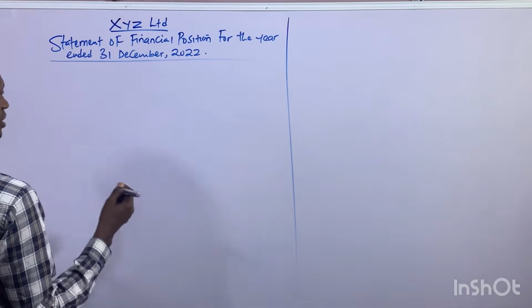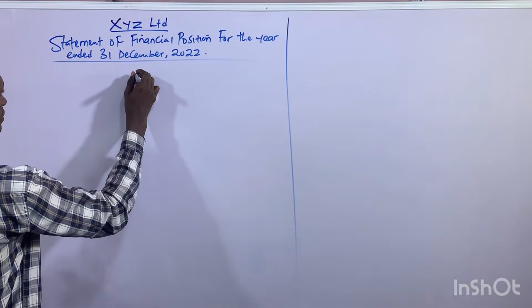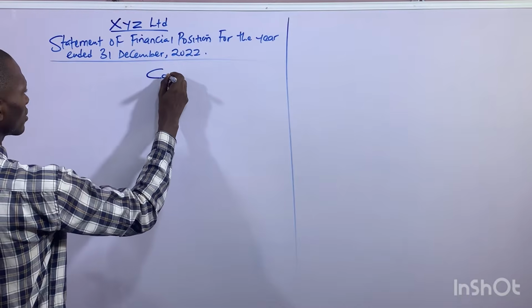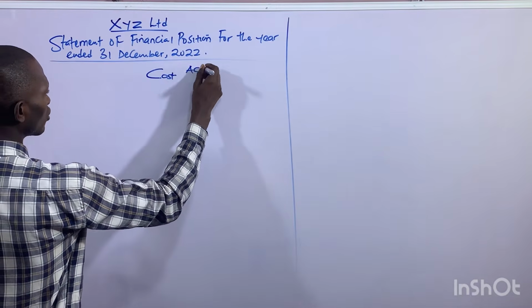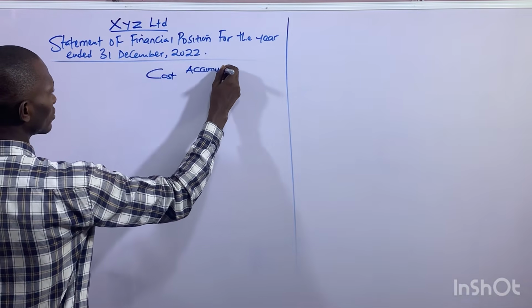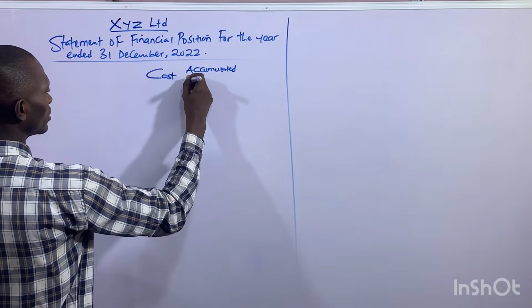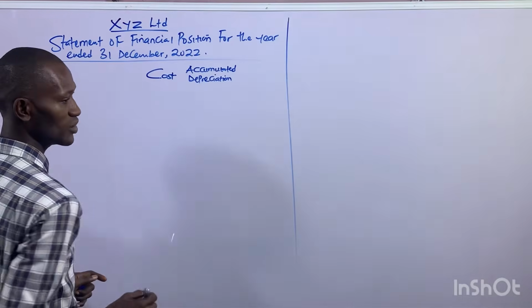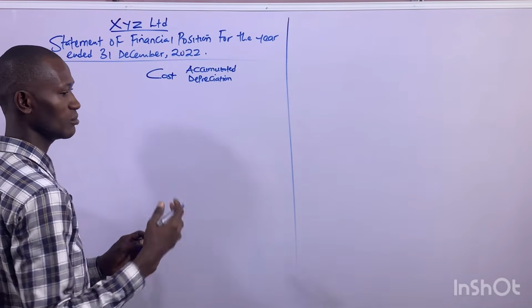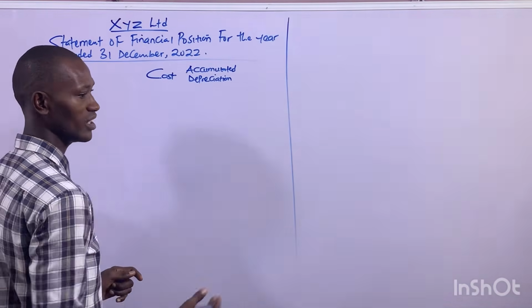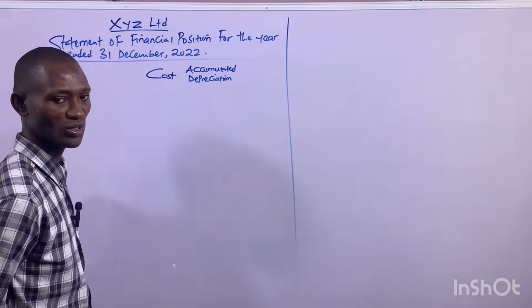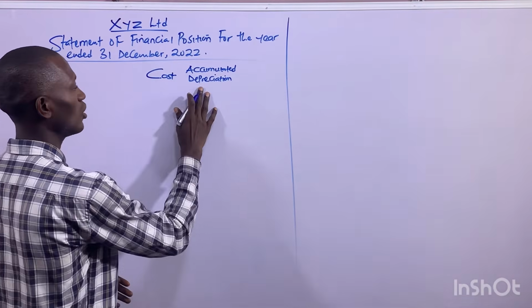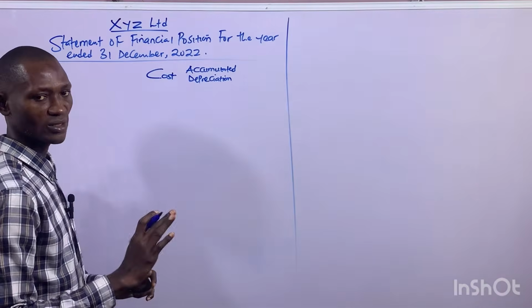So let's begin. So we have costs, then we have accumulated depreciation. Accumulated depreciation is the same as the total depreciation on the assets. From the day you acquire the asset till the day you dispose it, all the depreciation you calculated on that asset is called accumulated depreciation.